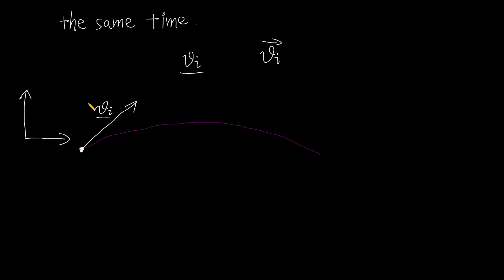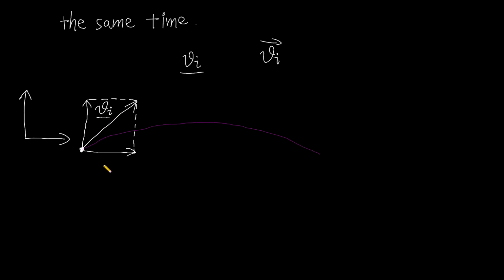And the projectile motion is a 2D motion. And now we separate the 2D motion into two simple one-dimensional motions. So now we draw like this way. We find the perpendicular components of the initial velocity.